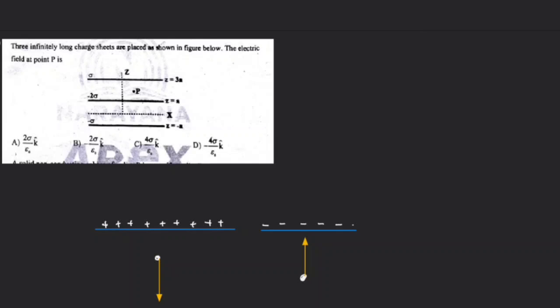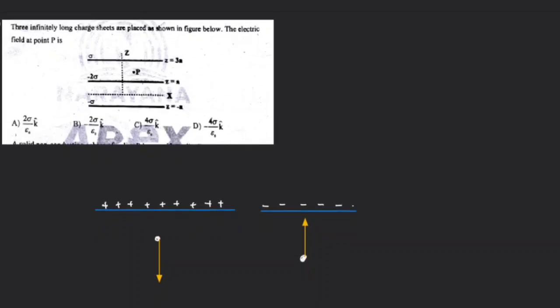Next one is this one. The only logic here that you need to understand is, three infinitely long charge sheets are placed as shown in the figure below. The electric field at a point P is. So there is a point P here, and before that you need to understand this one. The electric field due to a positive charge is always away, and due to a negative charge is always towards, right?